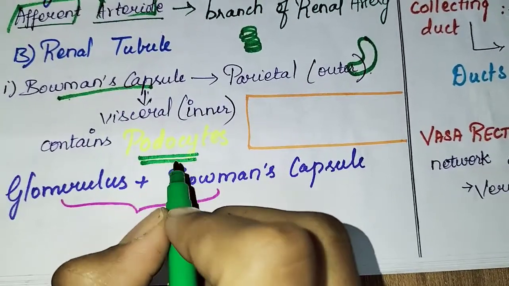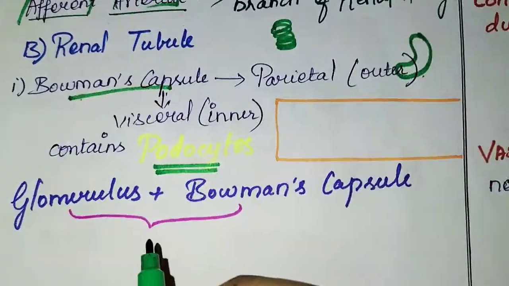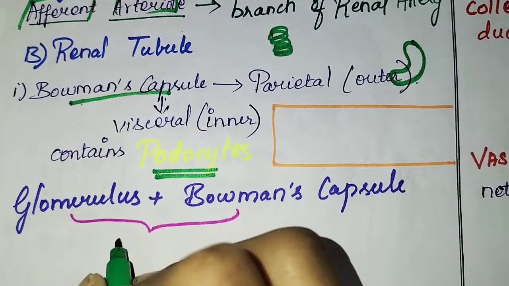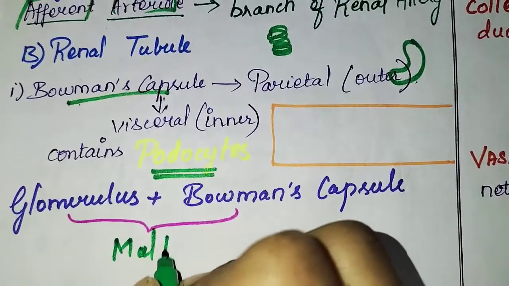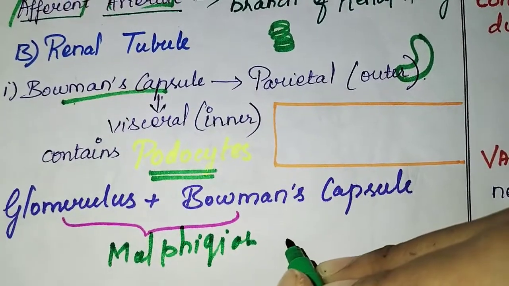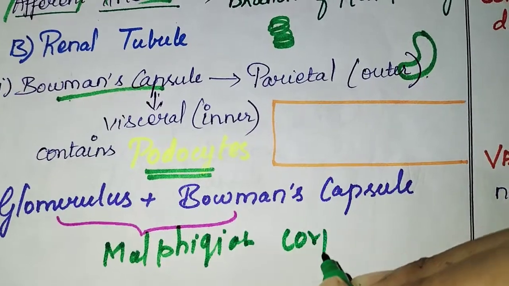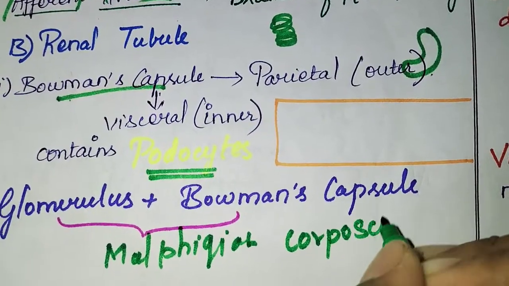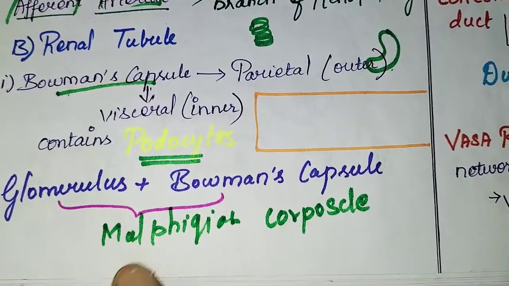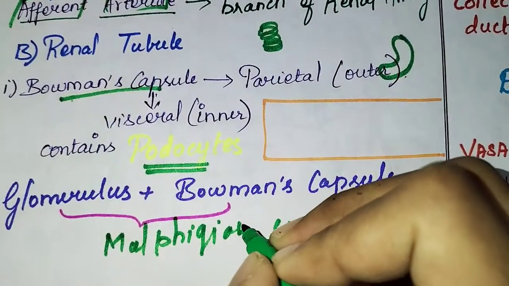Glomerulus plus Bowman's capsule together we call the Malpighian corpuscle. Glomerulus plus Bowman's capsule is the Malpighian corpuscle.